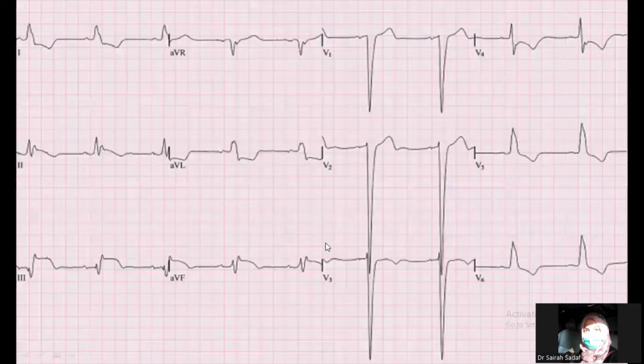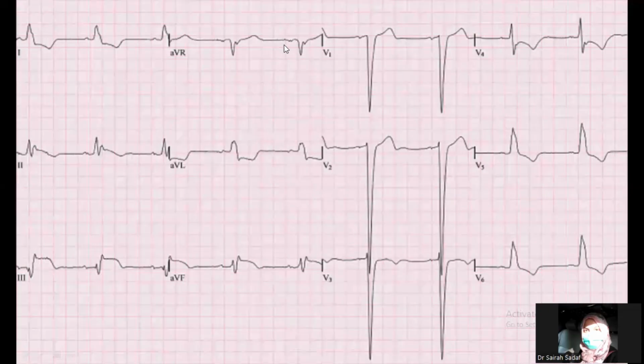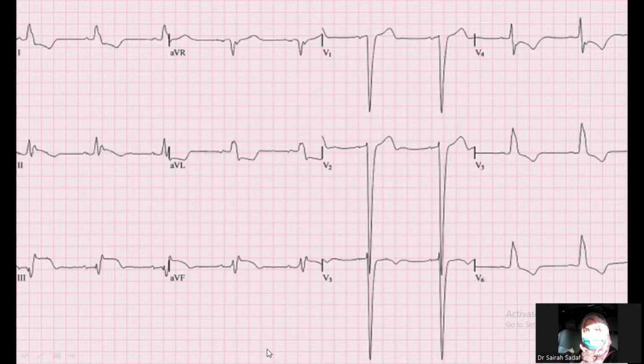Tell me, what is this? Look at the lead V1 and V6. So what is this? Normally we have S wave in V1, normally we have R wave in V6, but these findings are enhanced.